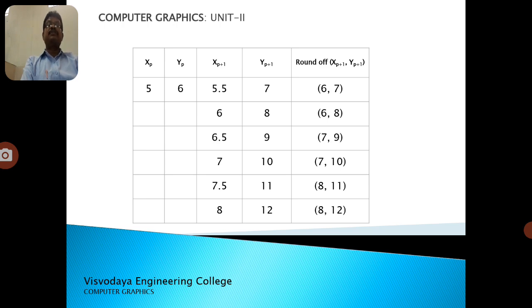Already we discussed that the total number of coordinates is 6, including the starting and the ending point. How will we find that? If absolute of delta x is greater than absolute of delta y, then number of steps equals absolute of delta x, else absolute of delta y. So the delta y becomes 6, the number of coordinates is 6. Here also the destination coordinate can be reached, that is 8 and 12.